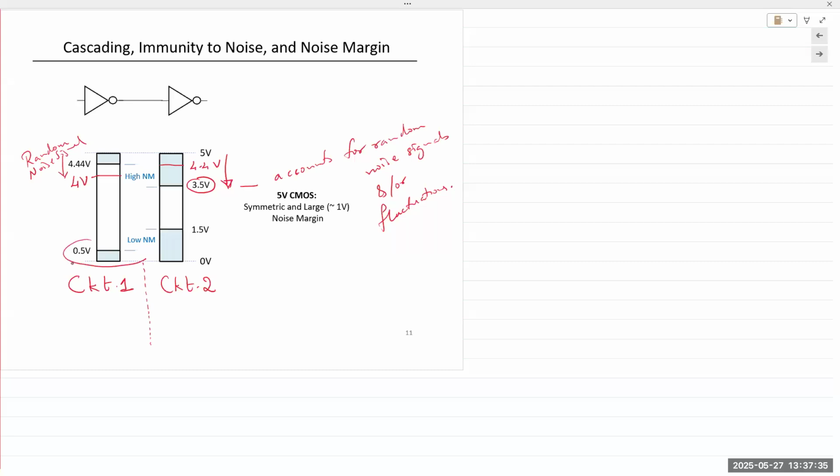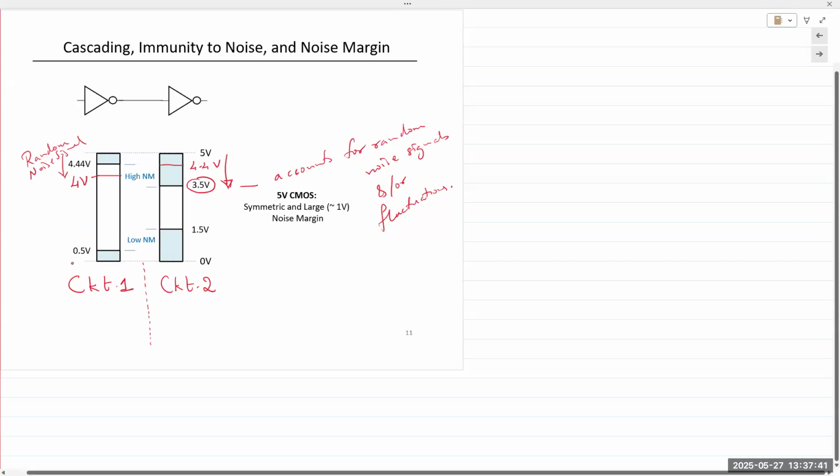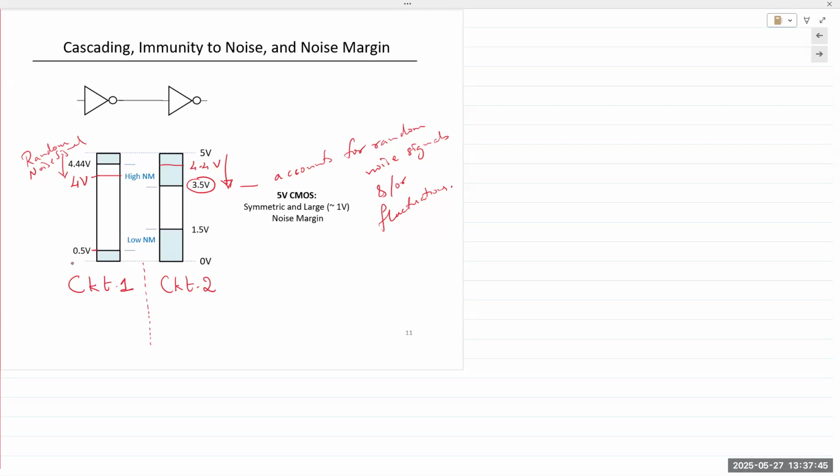Same thing happens at the low side. Okay. If you have the output of a circuit as logic 0, which is defined at 0.5 volts, a random noise signal might push it up to 1 volt. Noise signal or any unwanted signal.